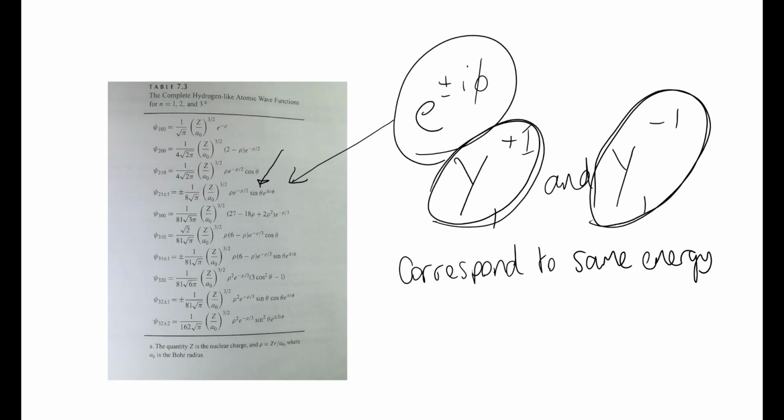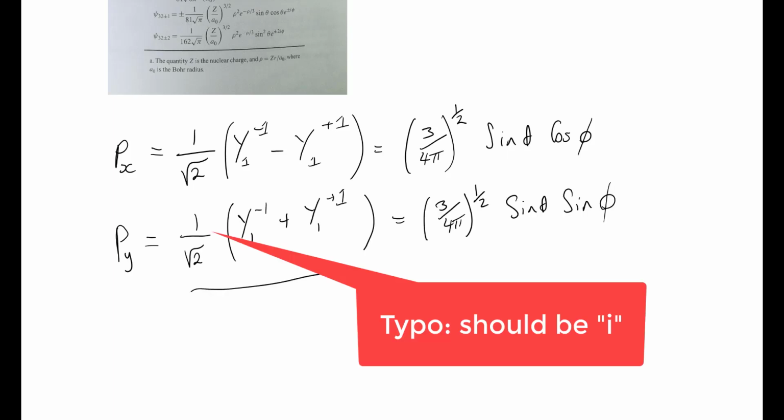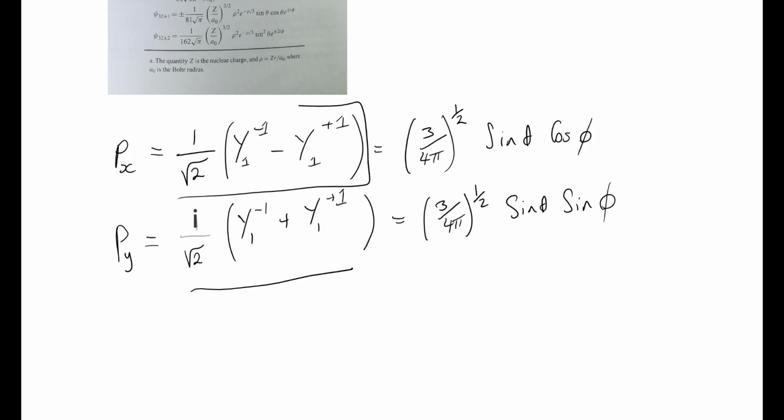What does that mean mathematically? What it now means is we can write the following expression: p sub x equals 1 over root 2, and we can similarly write an expression for our p sub y orbital. So these end up being linear combinations.